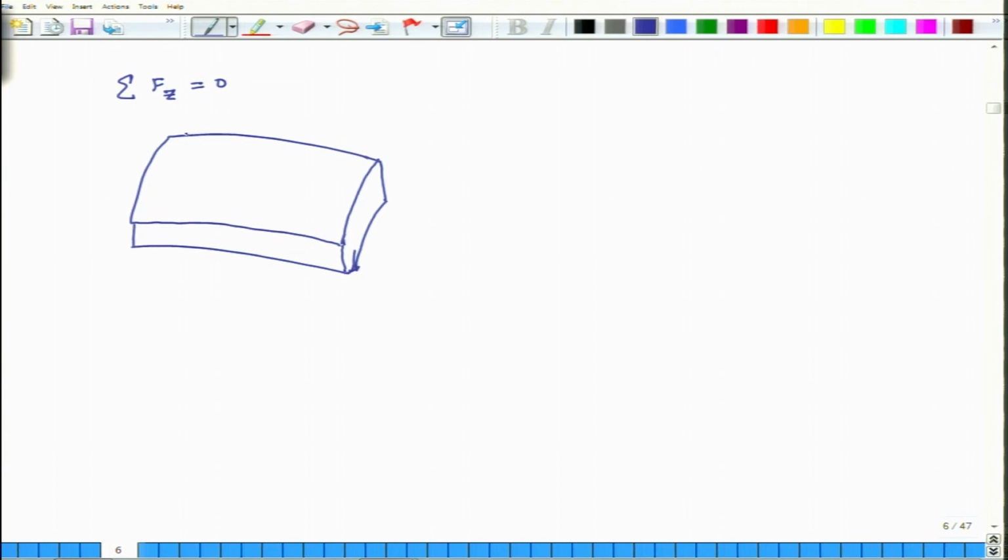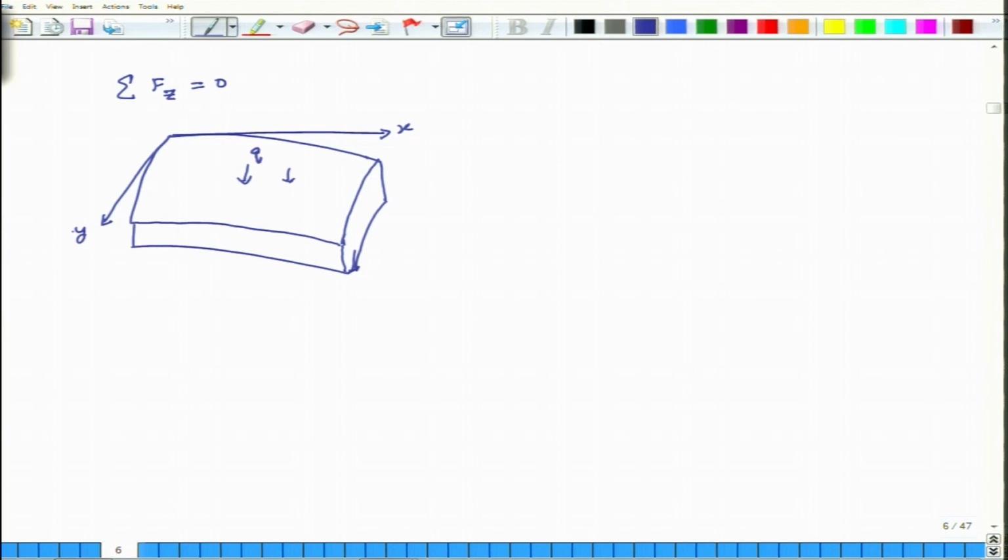Once again this is an over amplified view of the scheme of things. This is my x axis, this is my y axis, and now what I am interested in finding out is the sum of forces in the z direction. So, what are the forces in the z direction?